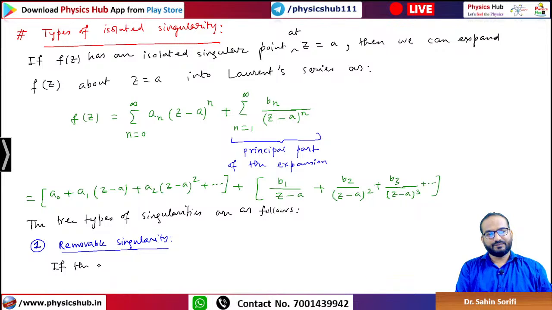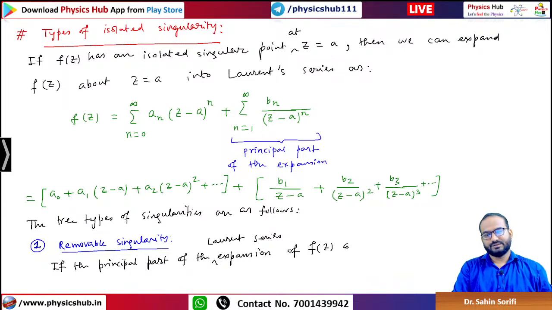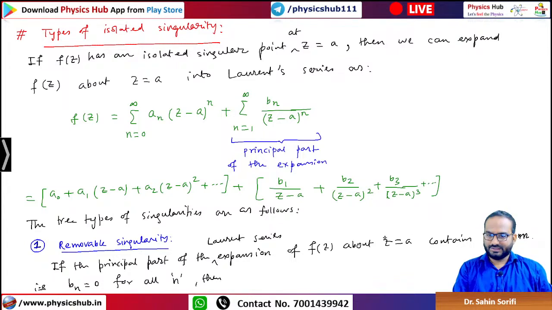If the principal part of the Laurent's series expansion of f of z about z equals a contains no terms, that is b_n equals 0 for all n, then we can say that z equals a is a removable singular point.